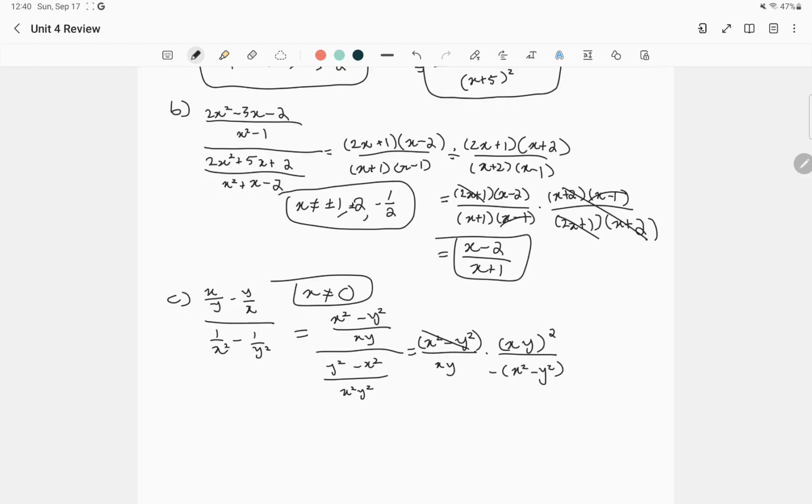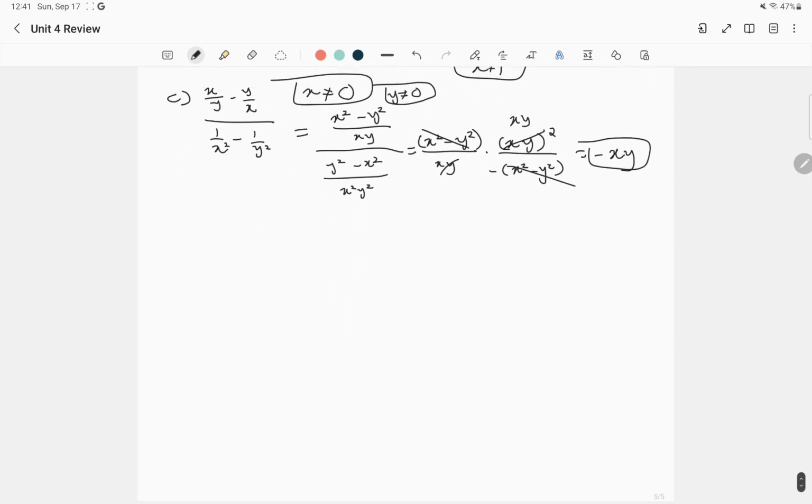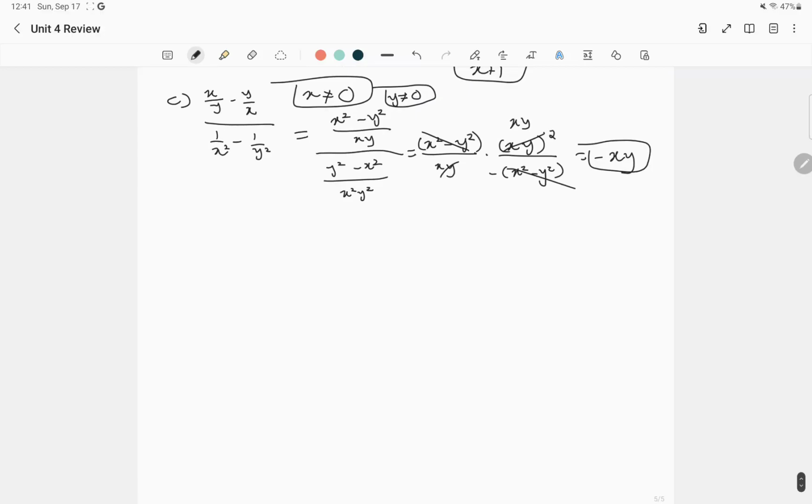This cancels out, this cancels out, this cancels out, this cancels out to xy, the negative 1 on the bottom becomes negative xy. Perfect. And the only thing, like I said, is x can't be equal 0. And, well, I guess I should say y can't equal 0 too, but it doesn't ask us for that, so it's okay. Alright, we have some more space on our page.